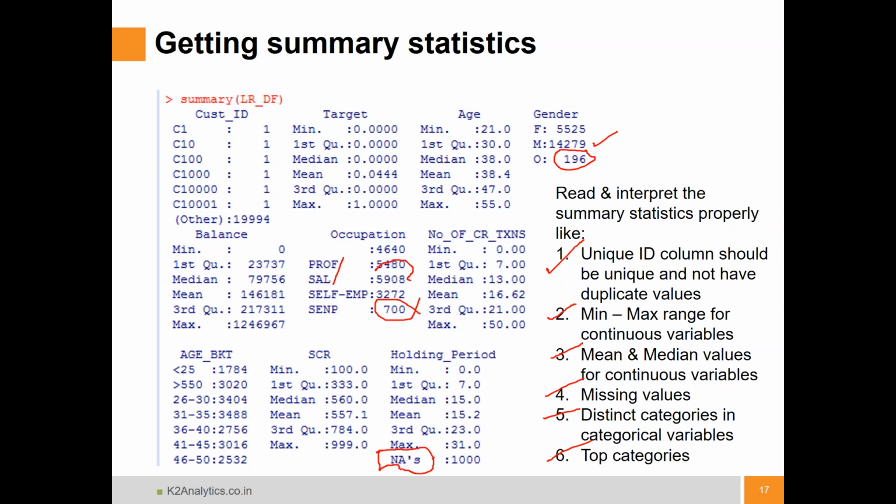Here I'm going to take a very simple technique, which is mean value imputation. I'm going to see the response rate, the target rate, for the missing segment, and check other segments within holding period categories where this response is matching.